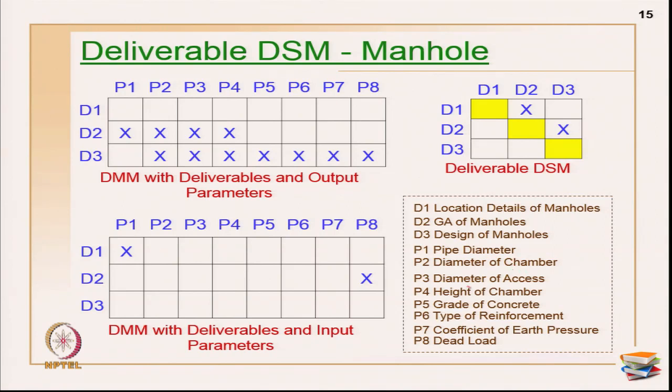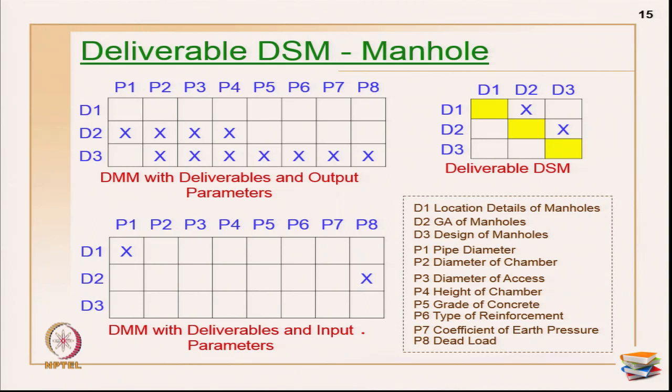Pipe diameter is P1, P2 is diameter of chamber, P3 is diameter of access, P4 is height of the chamber, P5 is grade of concrete, P6 is type of reinforcement, P7 is coefficient of earth pressure, and P8 is dead load. The same logic still works well. I have a list of deliverables and a list of parameters here.